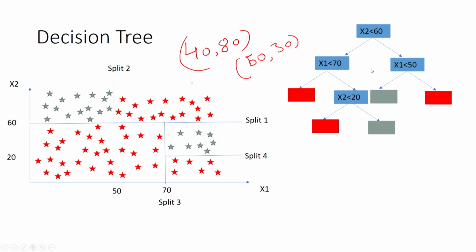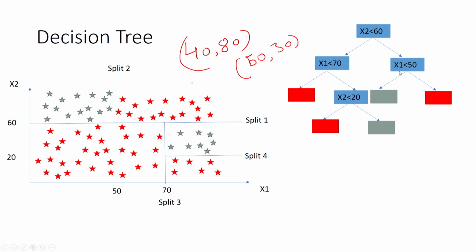For example, at this step we decided, okay, we will use x1 for splitting this subset in 2, as well as we decided to use the value of x1 as 50. We can take the value as 70 also. So, we will need to decide which value we should use for splitting that subset at each and every step if your variable is a continuous variable.